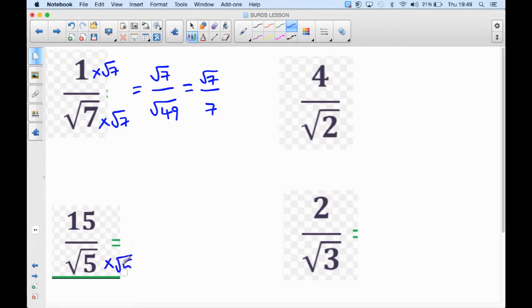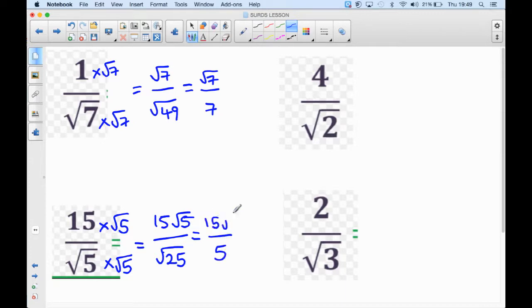So for the next one, we're going to times top and bottom by root 5. This is going to equal 15 root 5 over root 25. Again, if you square root root 25, it will take you down to 5. And then you have 15 root 5 at the top.